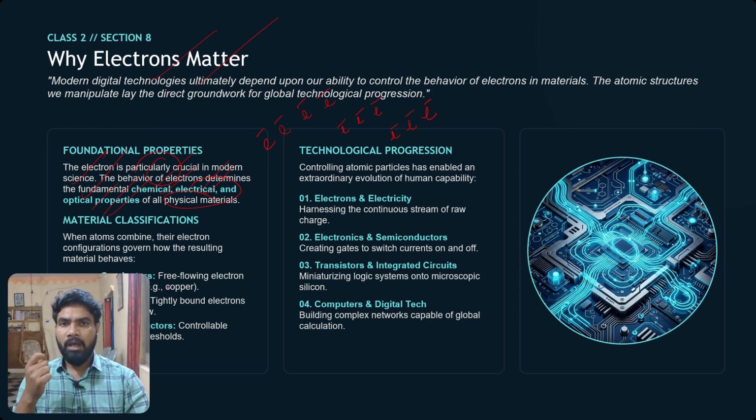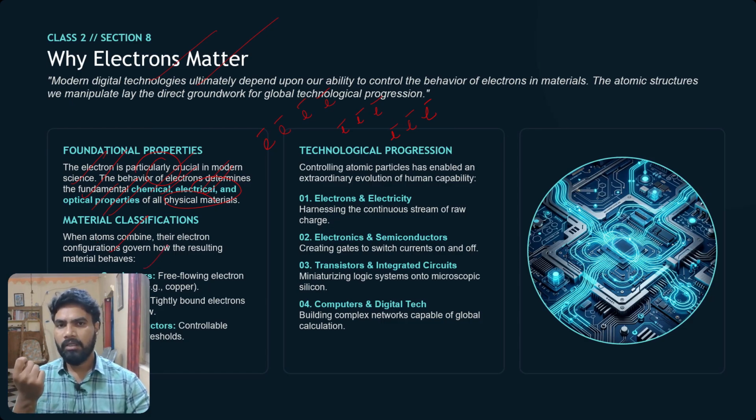We can divide materials into some categories. When atoms combine, their electron configurations govern how the resulting material behaves, and based on the behavior we can classify materials into these categories.